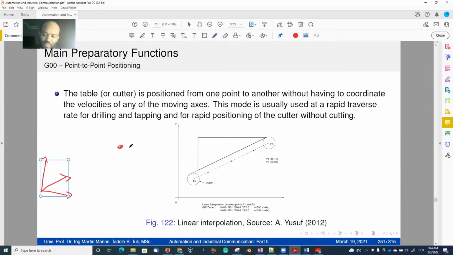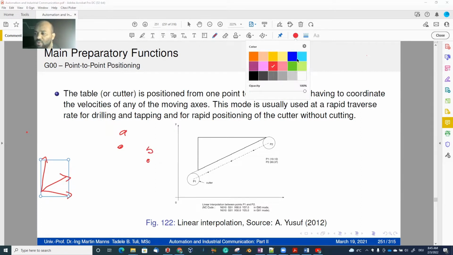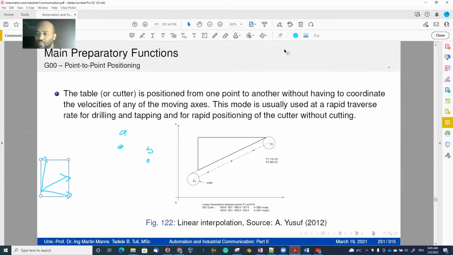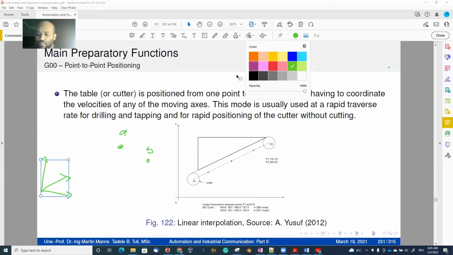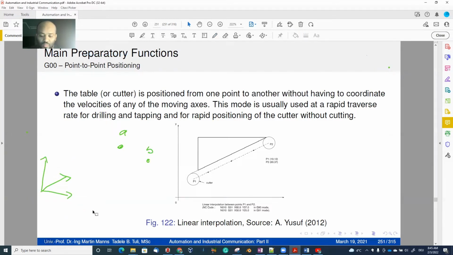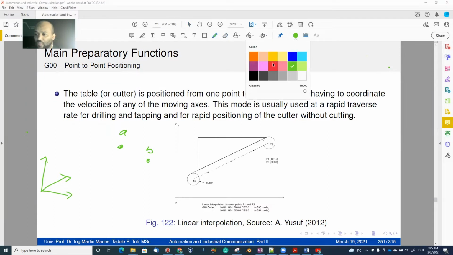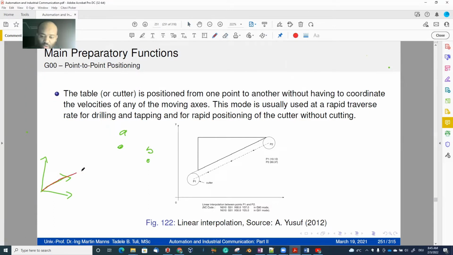If you have two points here, maybe point A and point B, we could say this point A has a distance from this, and this B has a distance from this.